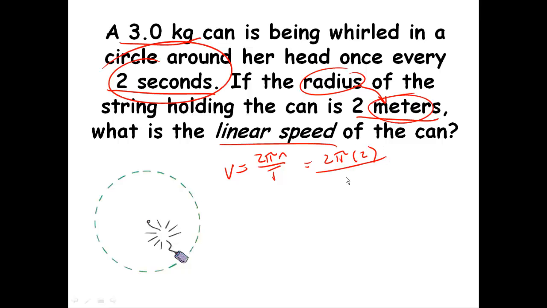The time is 2 seconds, and we're left with 2 times pi, or 6 point, what is it, 2, thereabout, right? 3.14, 6.28, double it, meters per second. There you go.